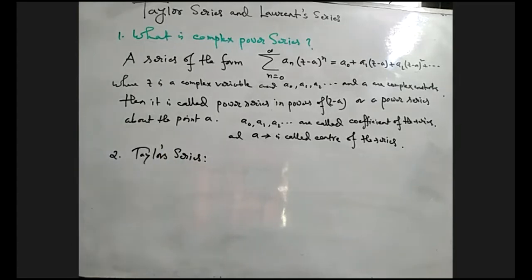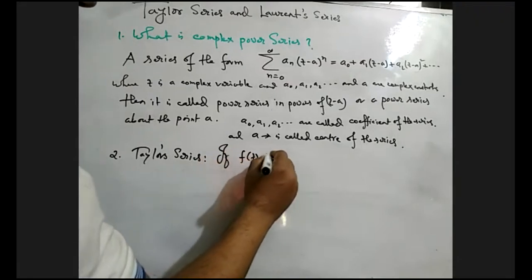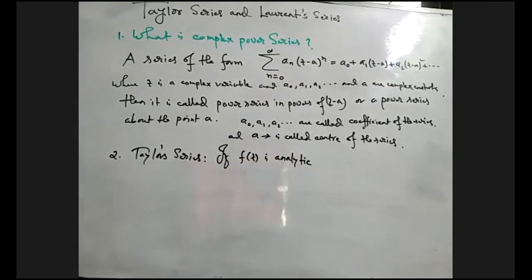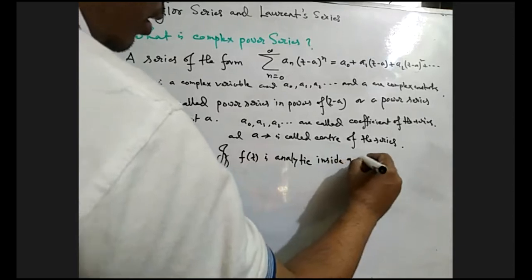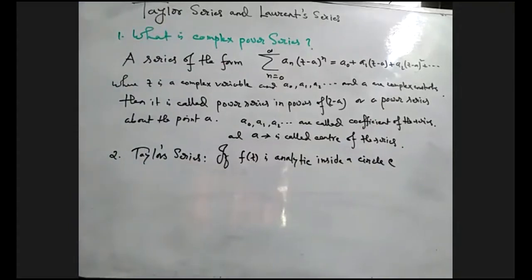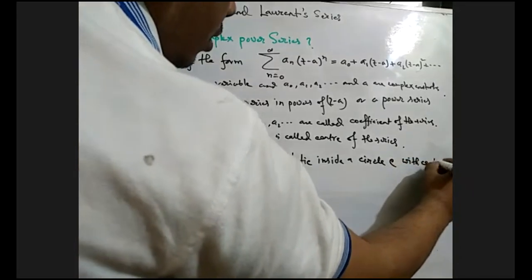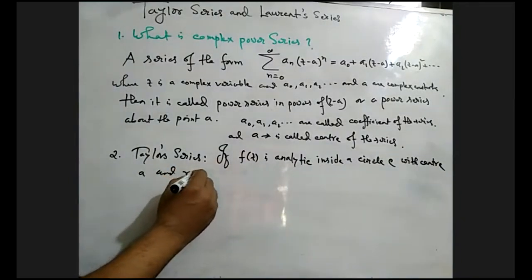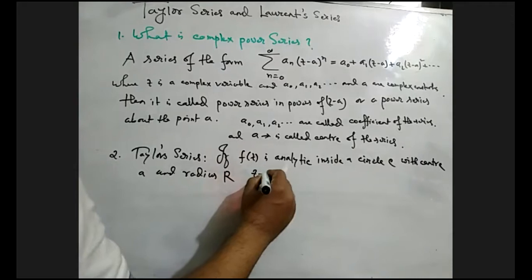If f of z is analytic inside a circle C with center a and radius R, that means the circle will be like this.